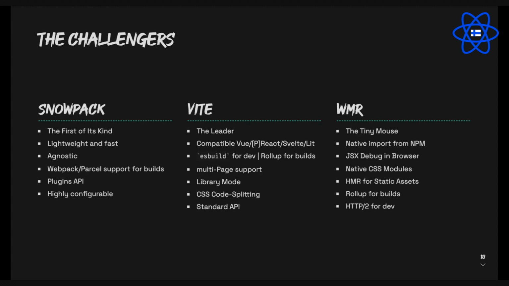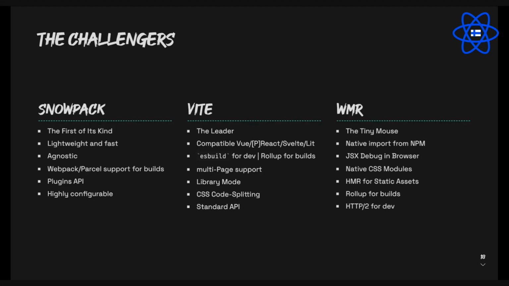It has a CSS code splitting API, which is really fun, and the plugin API is a standard one, which is really nice because you can reuse any kind of Rollup plugin already available. And the third challenger is WMR. This is a tiny project. It uses a native import directly from NPM.